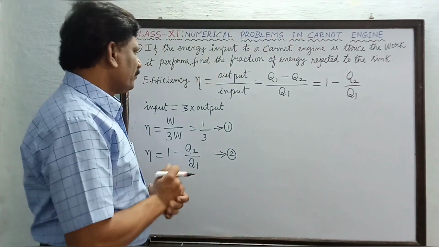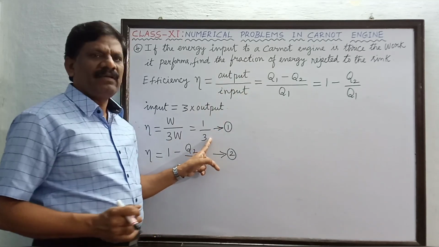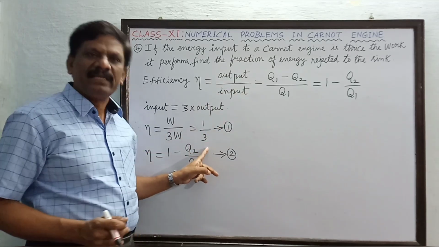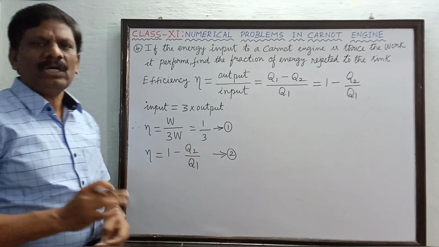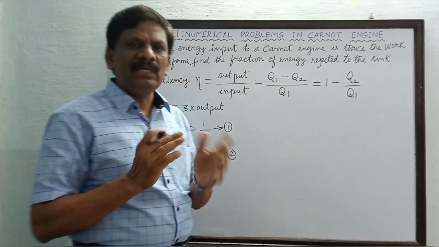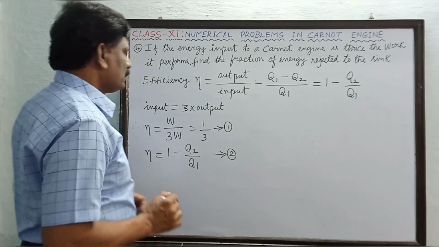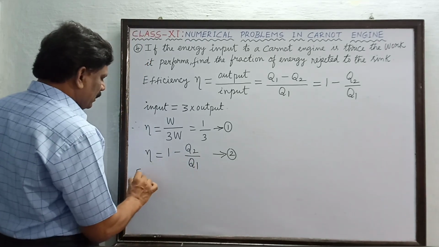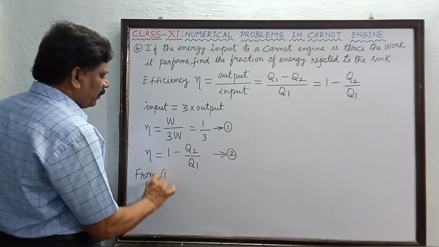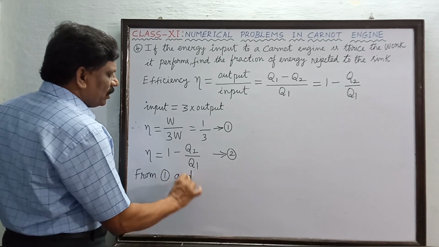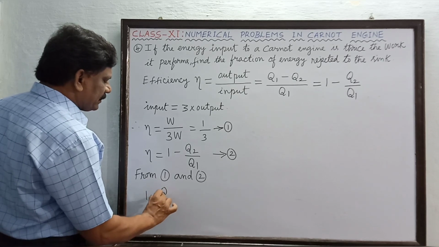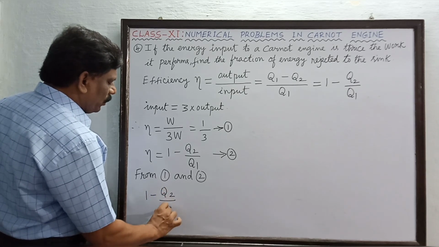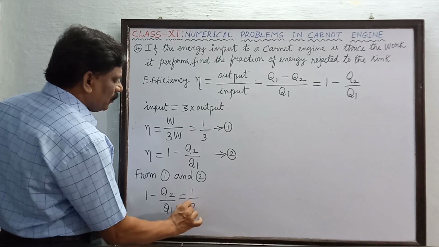From the given information, we have got efficiency is equal to 1/3, and this is also equal to 1 minus Q2 by Q1. I am going to equate these two. So from equations 1 and 2, I can write 1 minus Q2 by Q1 is equal to 1 by 3.